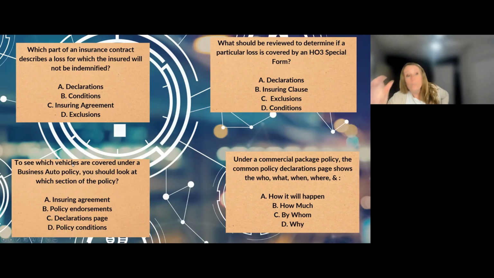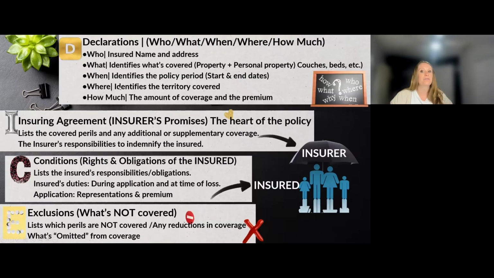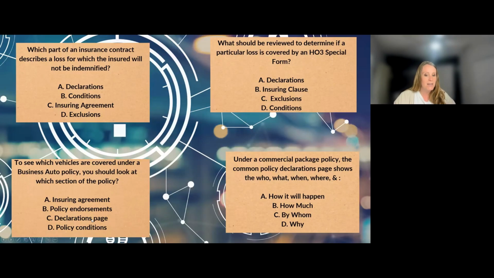The who, what, when, where, and how much is covered under your declarations, right? So if we want to see what vehicles or which vehicles, we're looking in the declarations page, right? So that's part of our dec page, right? The who, what, when, where, and how much, right? That covers our property and our personal property, or not covers it, it lists what's covered there. So that's going to be C, declarations.